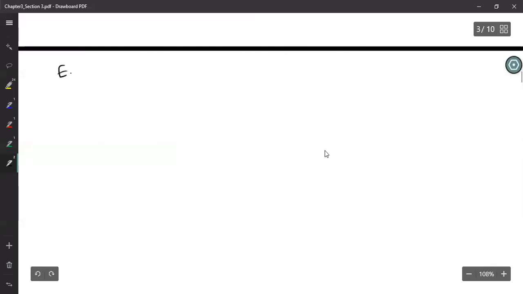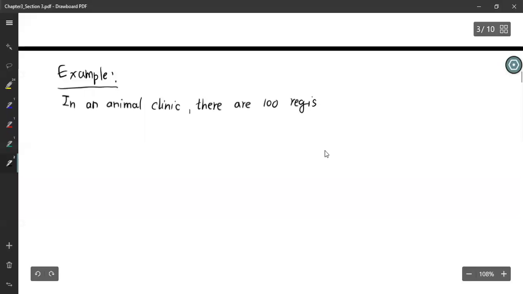So before we move on, let's try another example. I'm going to give you certain information. Try to draw the table first, and then you have to find the answers. Okay, a very small table. This is about an animal clinic. They have 100 registered dogs, and another 100 registered cats.